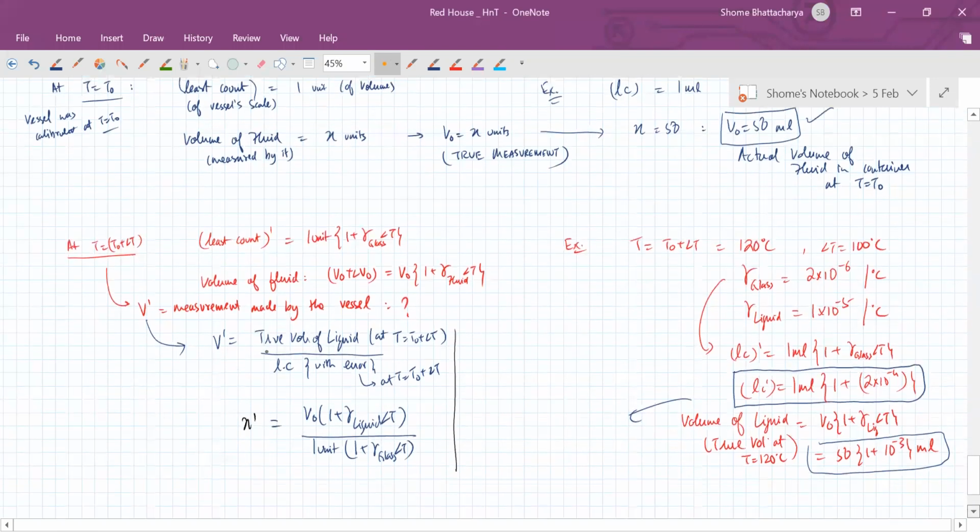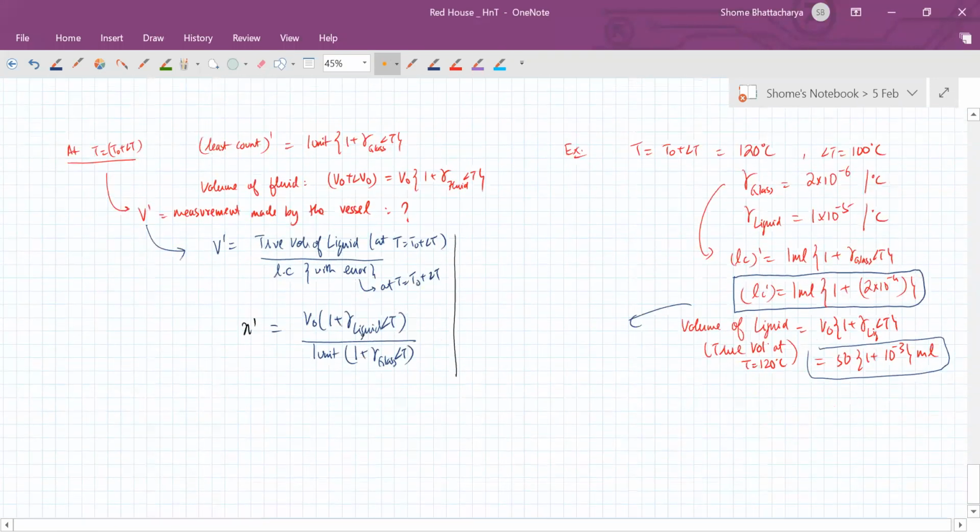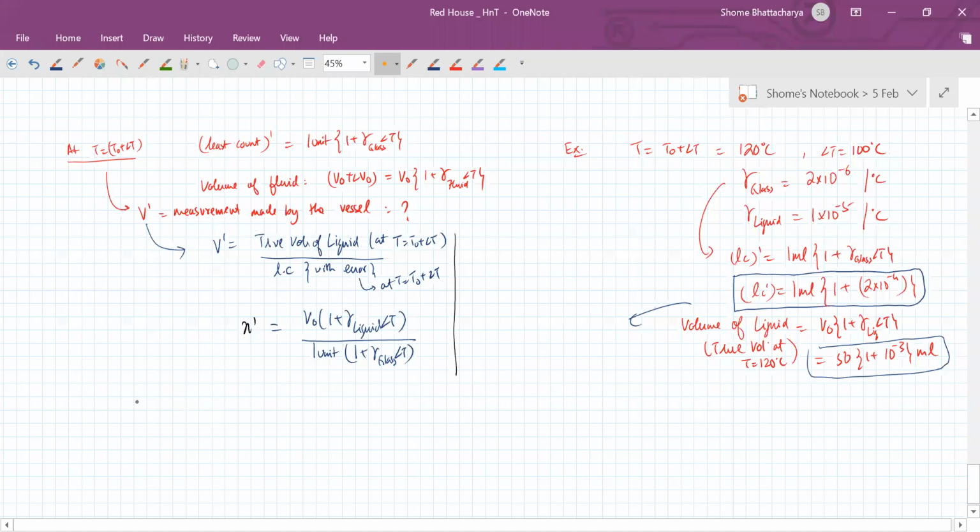So now see what is happening to my measurement. So at a theoretical level, I will do this calculation like this, that my measured value x prime is the original volume, which was the true volume, into 1 plus gamma of liquid into delta T. And I can bring this term to the numerator by writing it as 1 plus gamma of glass into delta T to the power minus 1. And then I will use binomial approximation.